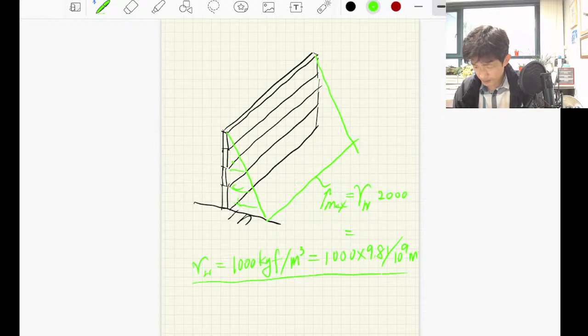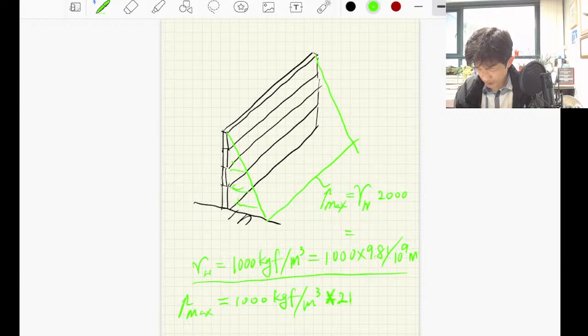So you can calculate the specific weight of water. Or simply, if this calculation is complicated, we can use kilogram force and meter to calculate the maximum pressure: 1000 kilogram force per cubic meter times 2 meters is equal to 2000 kilogram force per square meter.